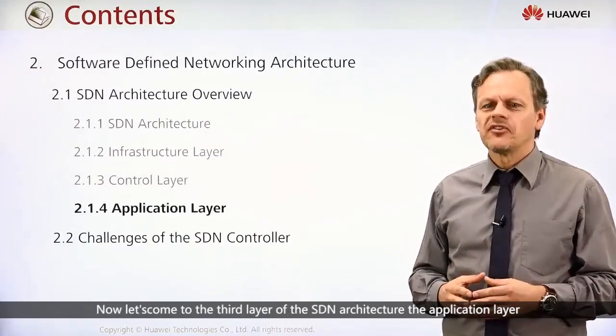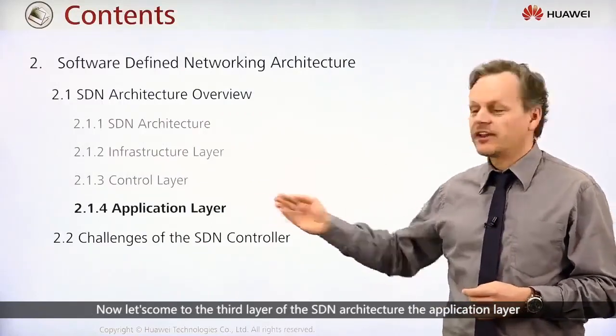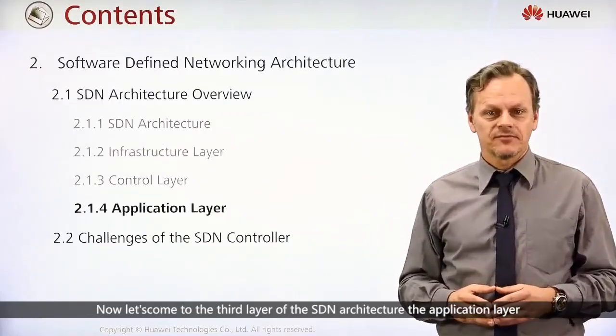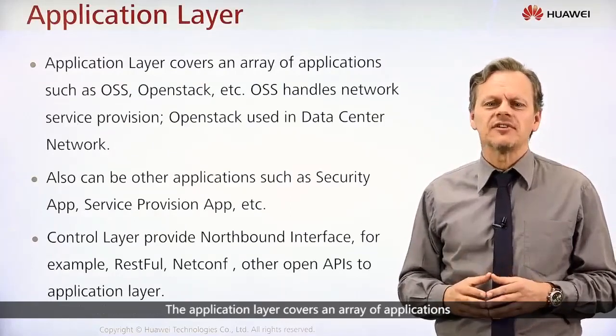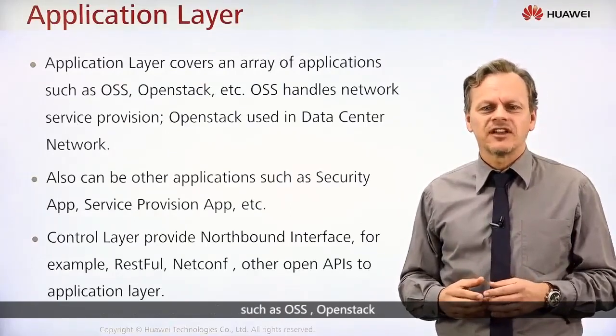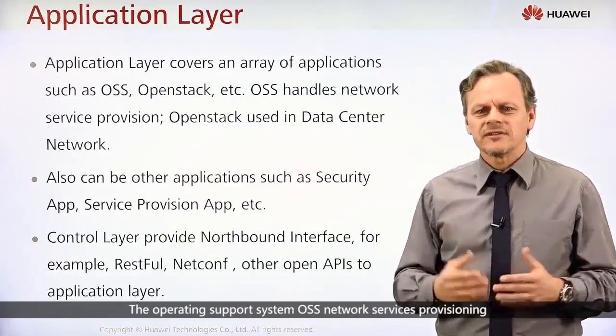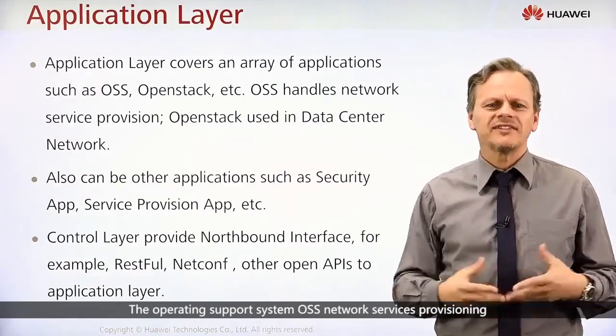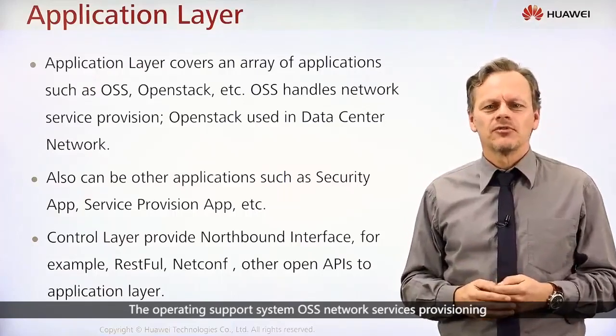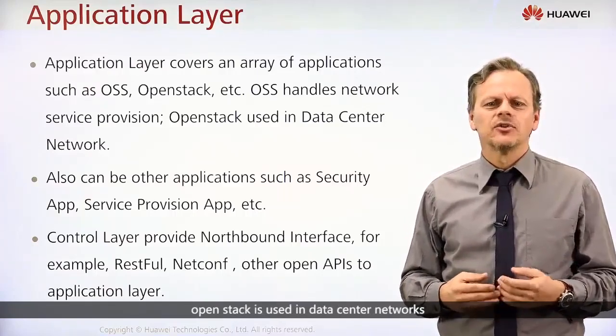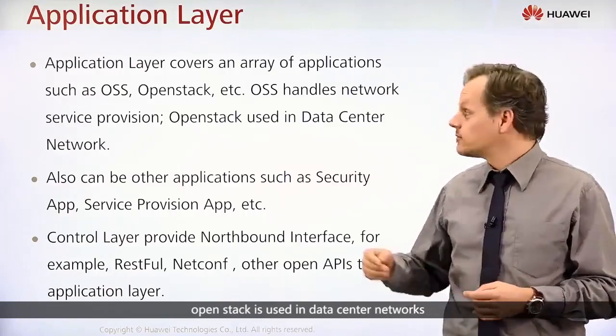Now let's come to the third layer of the SDN architecture, the application layer. The application layer covers an array of applications such as OSS or OpenStack. The operating support system OSS handles network services provisioning. OpenStack is used in data center networks.